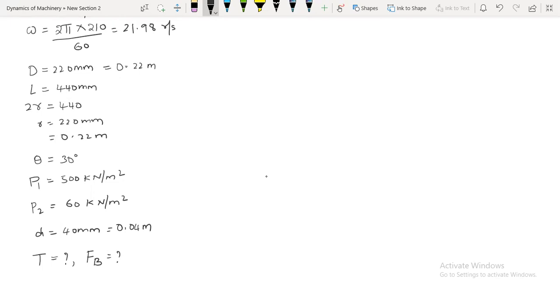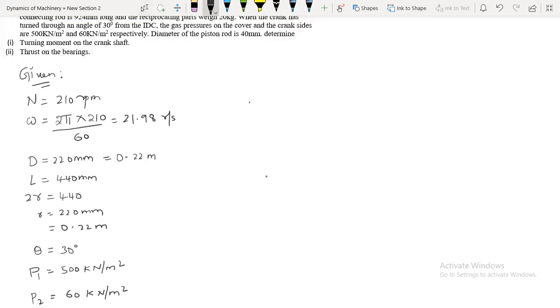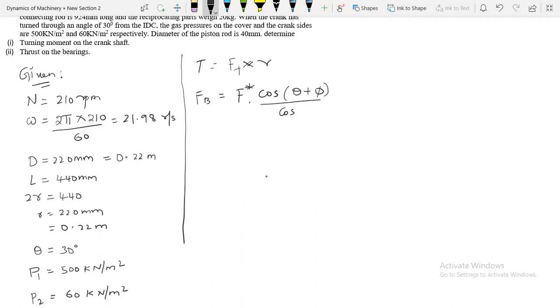So in order to find out these two, we know that T is equals to Ft into R. Okay, and the thrust on the bearings is equal to F, that is piston effort multiplied by cos of theta plus phi divided by cos phi.